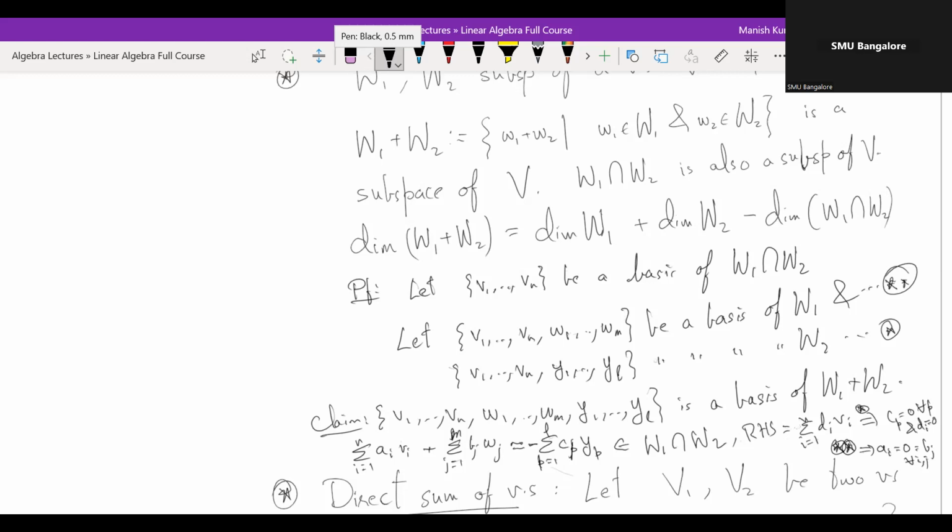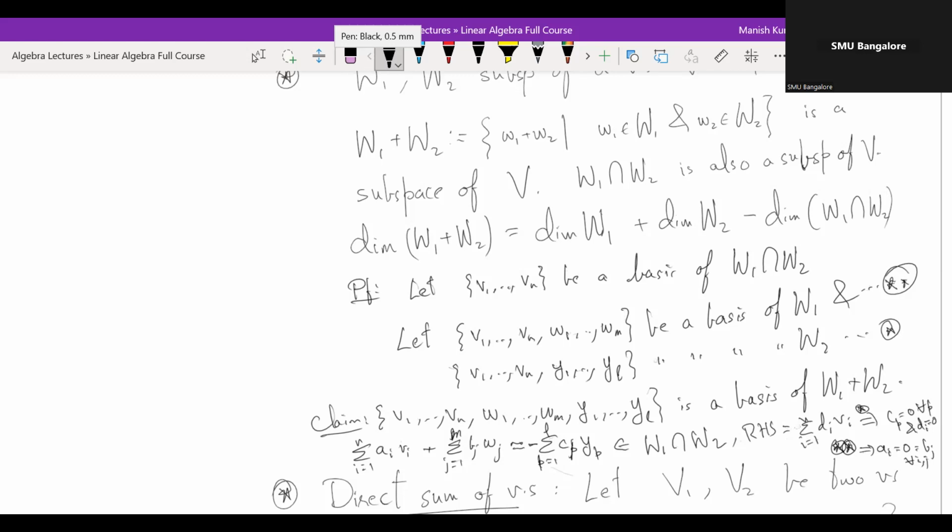So that tells you that CPs must be 0, and once CPs are 0, then AIs and BJs must be 0, because the first set is a basis of W1. Okay, so that proves this identity.